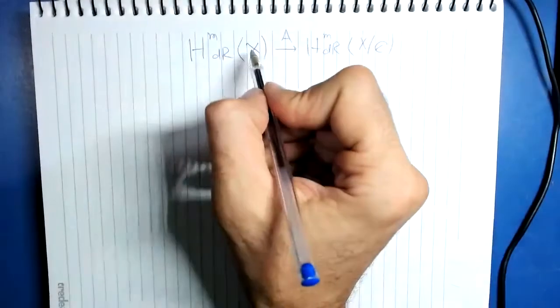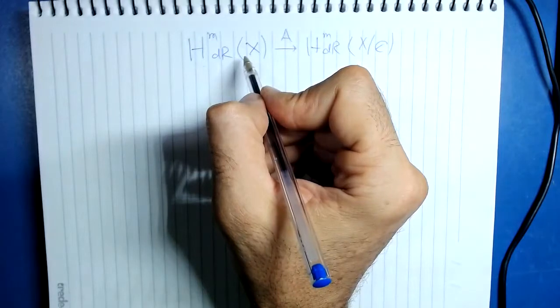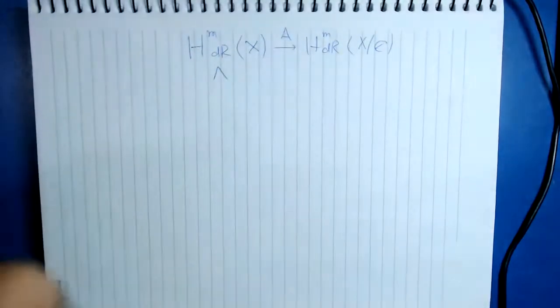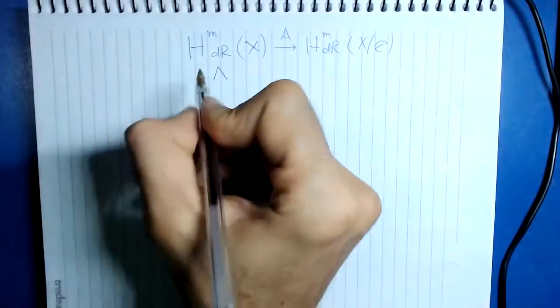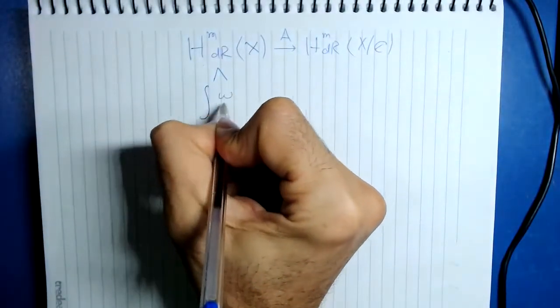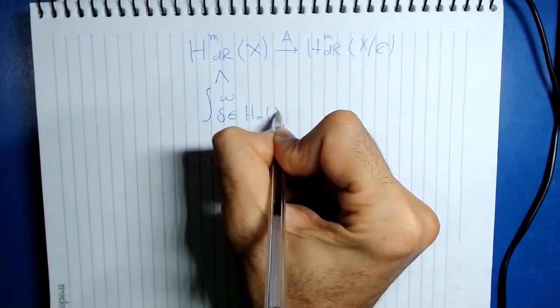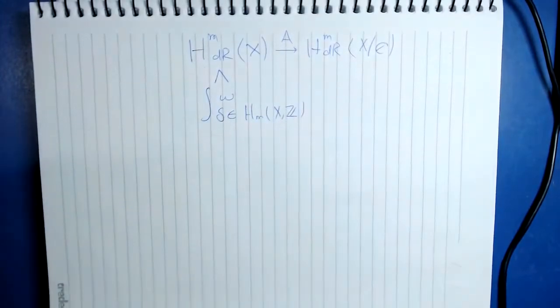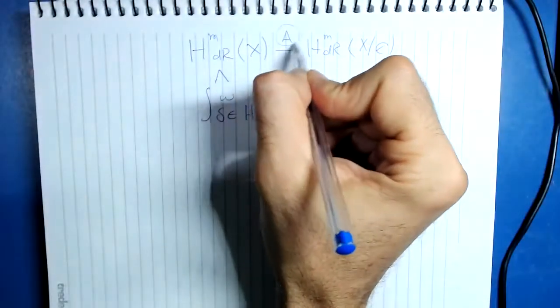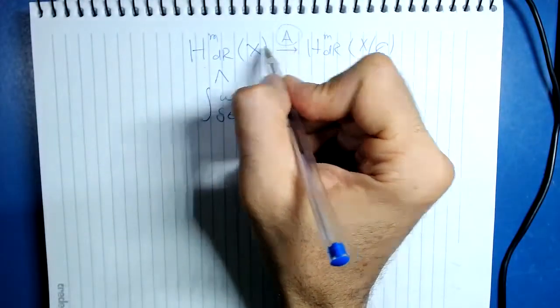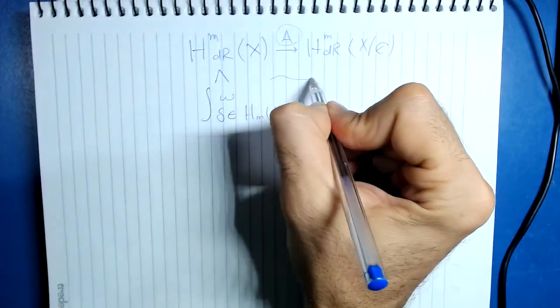So why do we need this map explicitly? The reason is that we have a lot of topological constructions like the wedge product in the classical de Rham cohomology, and also the concept of integration, delta being in H_m(X, Z). And since this map A is unique, we can translate these things here.